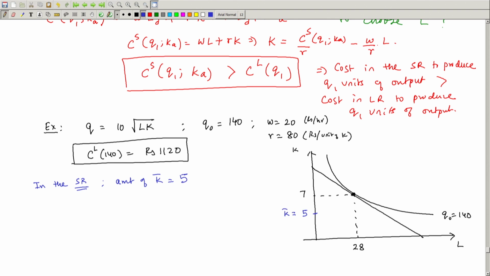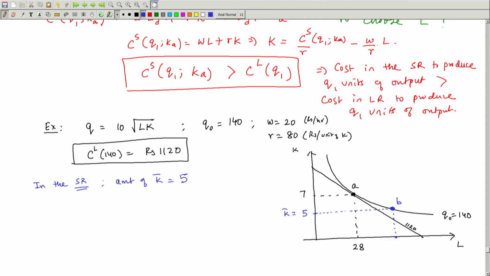So essentially now notice, if capital is fixed at 5, you have taken away the ability of the firm to choose one of its inputs, which then means that the amount of labor that I will choose must be equal to whatever this point is, right? And the black line is associated with an isocost level of rupees 1120. So this is, let's say, the point A, and now the bundle that I have is the bundle B.